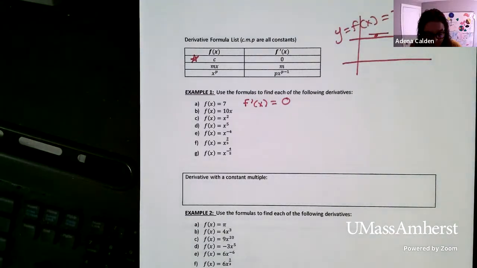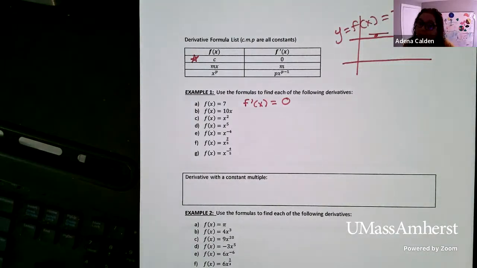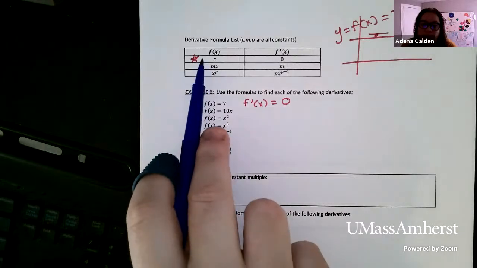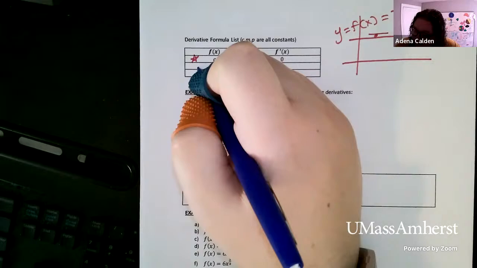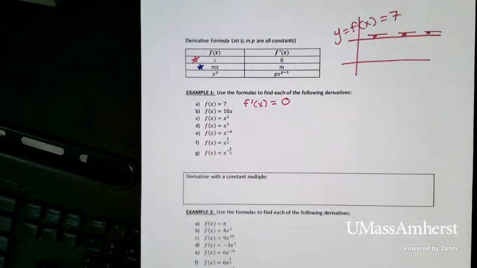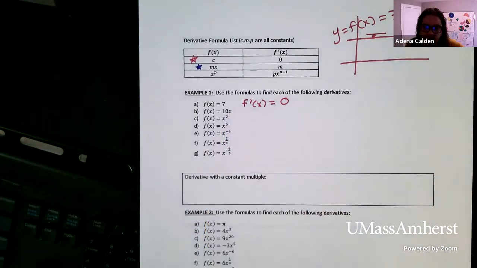Now, the next term, we see the 10 and we think, okay, 10 is a constant, but that 10 is attached to an x, which means we're not going to use that first formula because that's when constants are by themselves. Instead, we're now looking at the second formula because here we just have a constant times x.